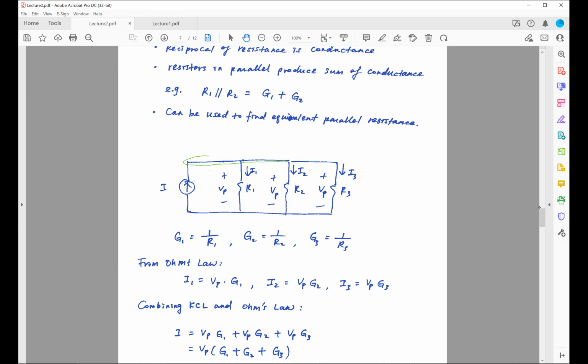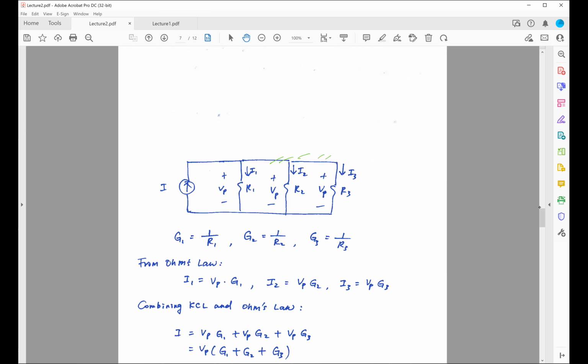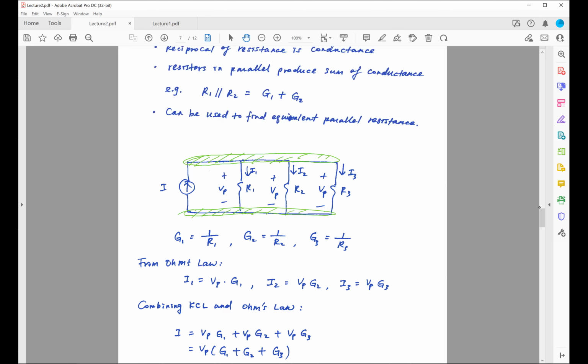This here and this here. So this is one node, this is another node. All these elements are connected in parallel, and they're all sharing the same node. They share the same node over here on the top. They share the same node over here on the bottom.